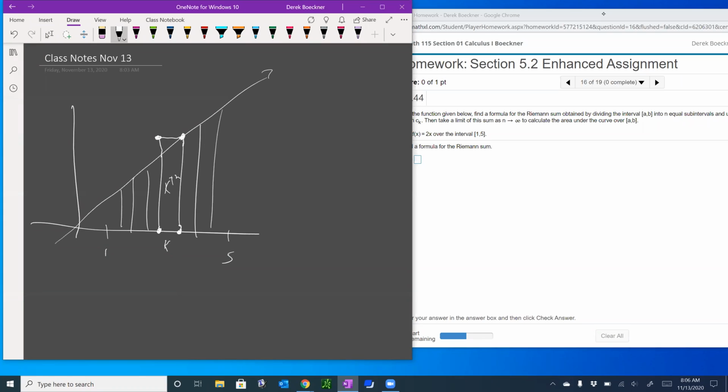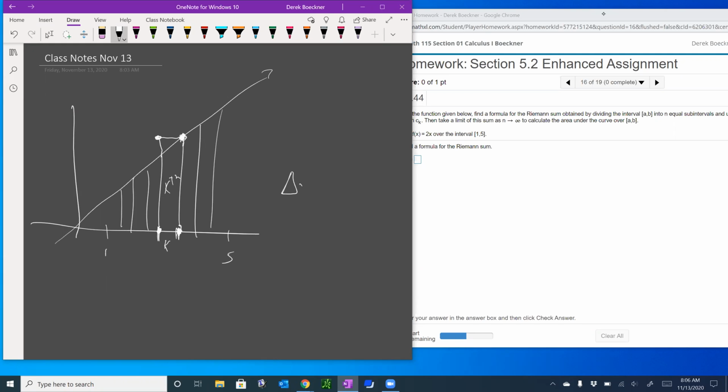So if this is the kth rectangle, I have to figure out what these two x values are so I can figure out how wide it is. Well, I'm going to figure out how wide it is first, and then I'm going to figure out where these 2 points are. But I need to know those points because I need to know the y value up here. So I need to know this point for sure.